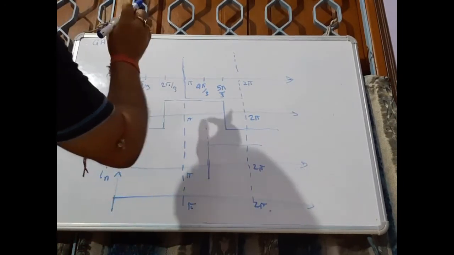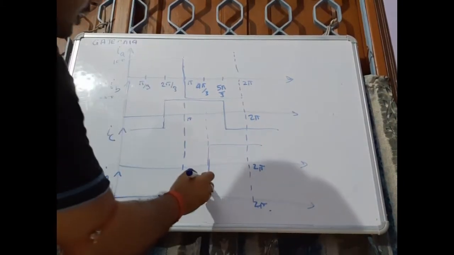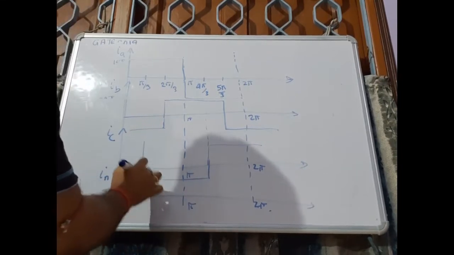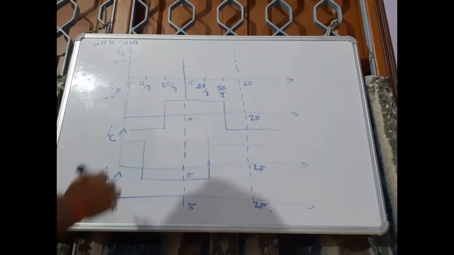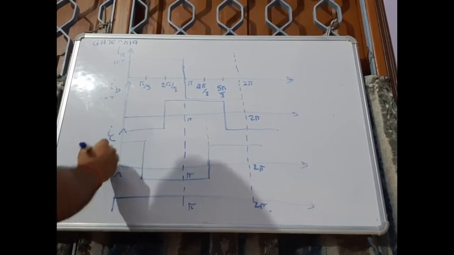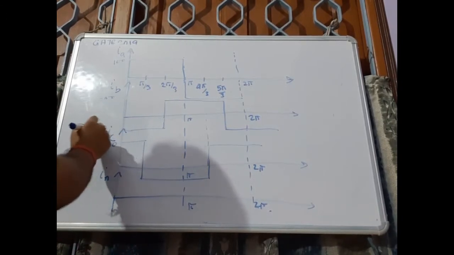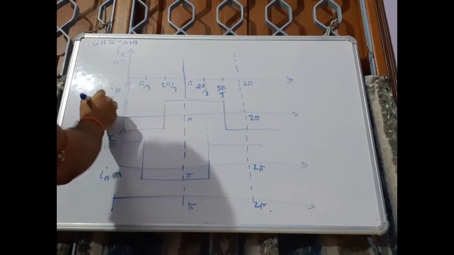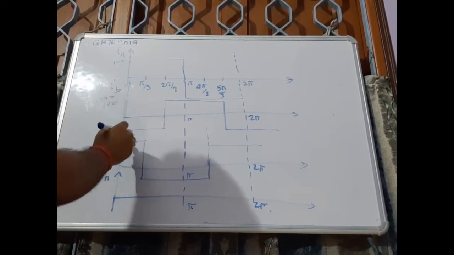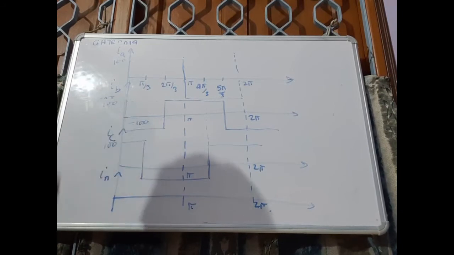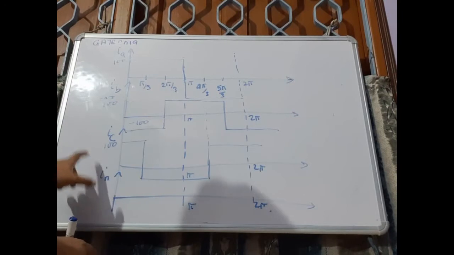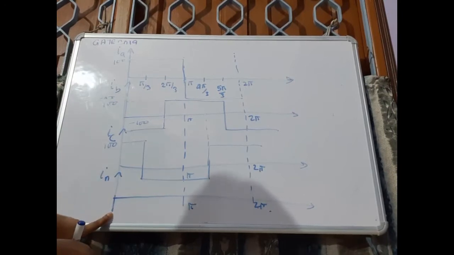If I take a fixed point, this is the waveform and all magnitudes are 100. This point is also 100 and this is minus 100. Now if I just add these three currents, we have the neutral current.